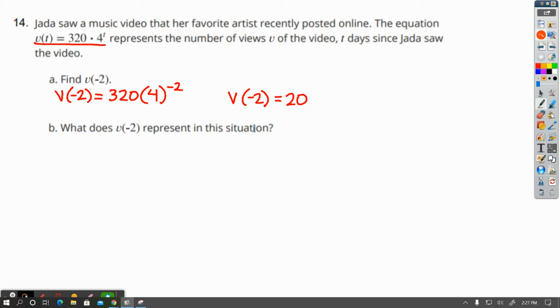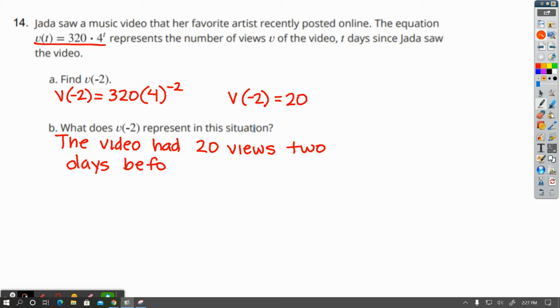So we can say the video had 20 views 2 days before Jada saw the video. Okay, so the video had 20 views 2 days before Jada saw the video.